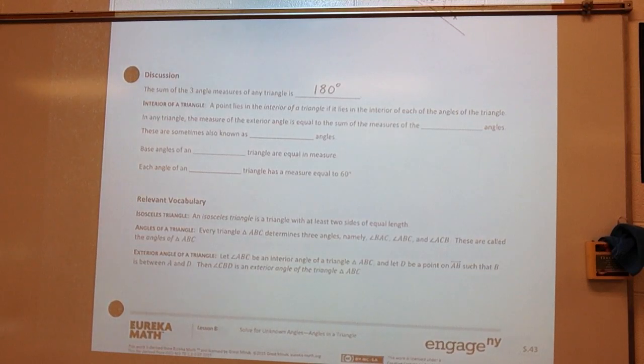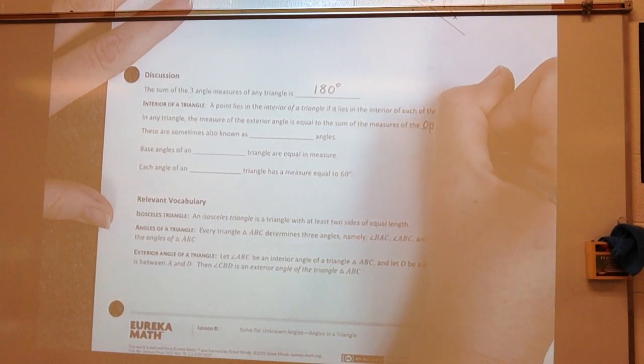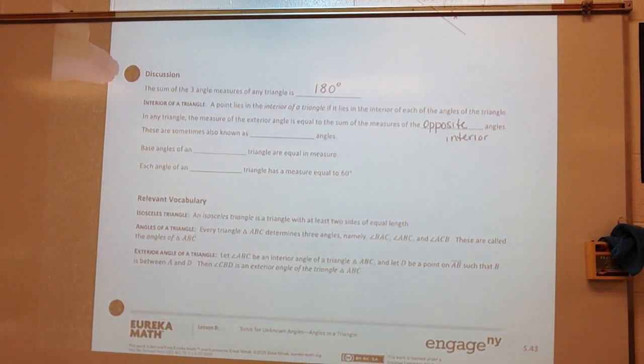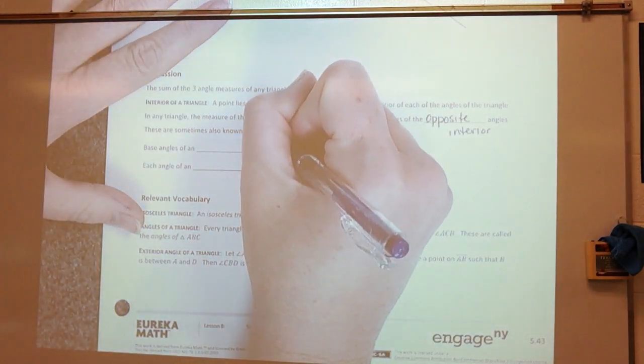All right? In any triangle, the measure of the exterior angle is equal to the sum of the measure of the opposite interior angles. These are sometimes also known as remote interior angles.